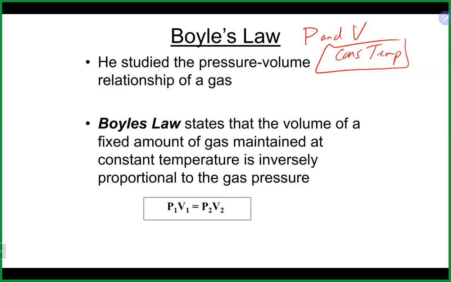So here's the idea, right? I have a volume that is smaller. As the volume gets smaller, that means all my gas molecules are now very close to one another and there's not a lot of room to move around, which means we would expect more collisions to occur.